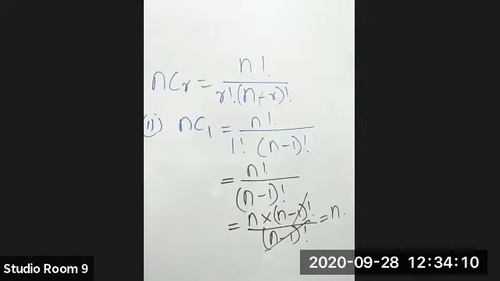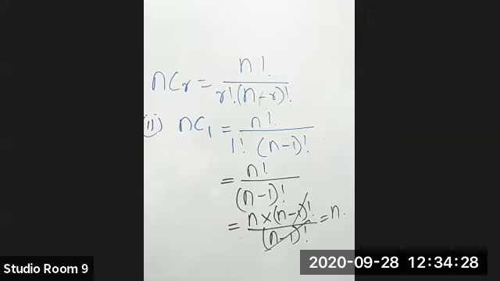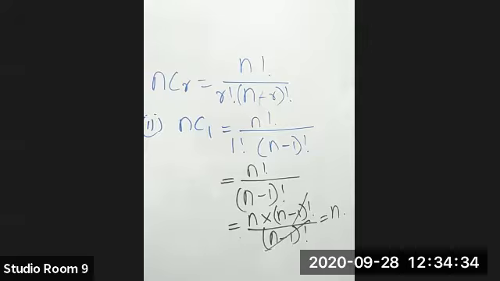Okay, Gauri. So NC1 is n. Is it clear, children? Therefore, what is 5C1? Write the example. What is 5C1? 5. 5C1 is 5. What is 100C1? 100. 100C1 is 100.